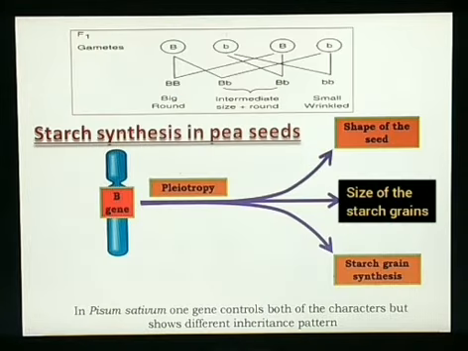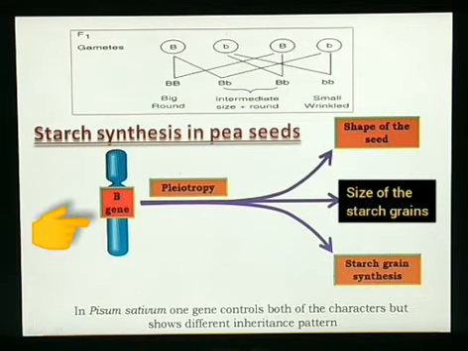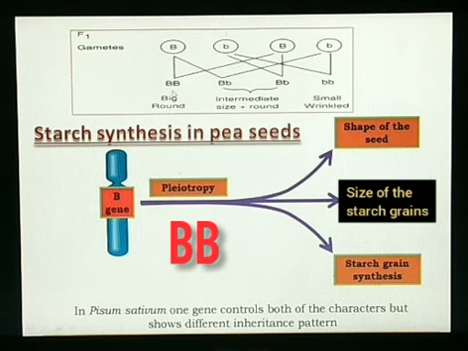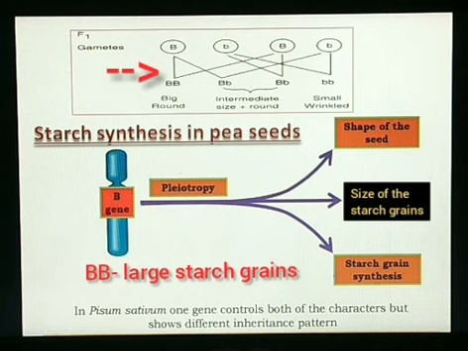Yet another example is starch synthesis in pea seeds, which is controlled by a gene, capital B. Starch is synthesized effectively by capital B homozygous. So therefore here large starch grains will be produced.